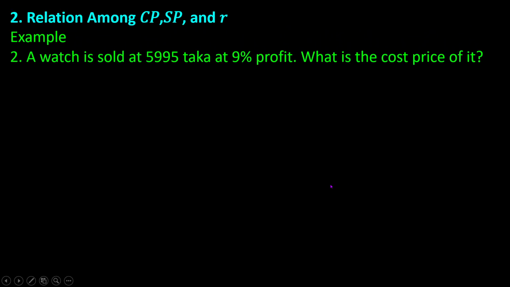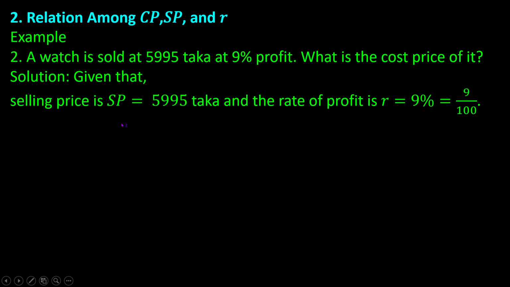In the second example, a watch is sold at 5,995 taka at 9% profit. What is the cost price of it? Here, given that the selling price SP equals 5,995 taka and the rate of profit is R equals 9%, that means 9 by 100, and we have to determine the cost price.